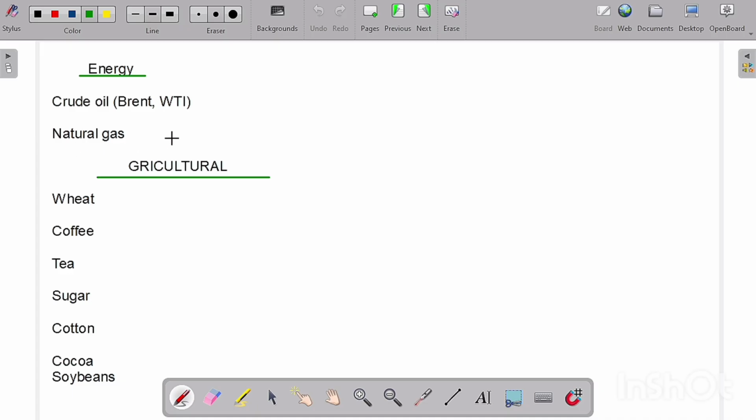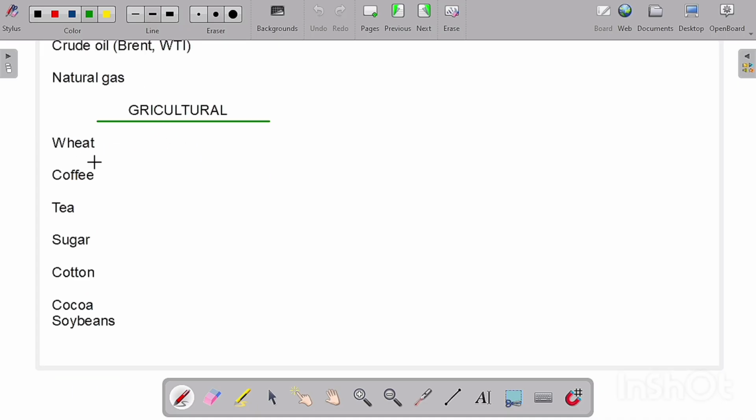When it comes to agriculture, we have wheat, coffee, tea, sugar, cotton, cocoa, soybean. So if you drink sugar, that's a commodity. But the company itself will be traded as shares, and those transactions will be done in money. So these are the building blocks of the global market, which is commodity.